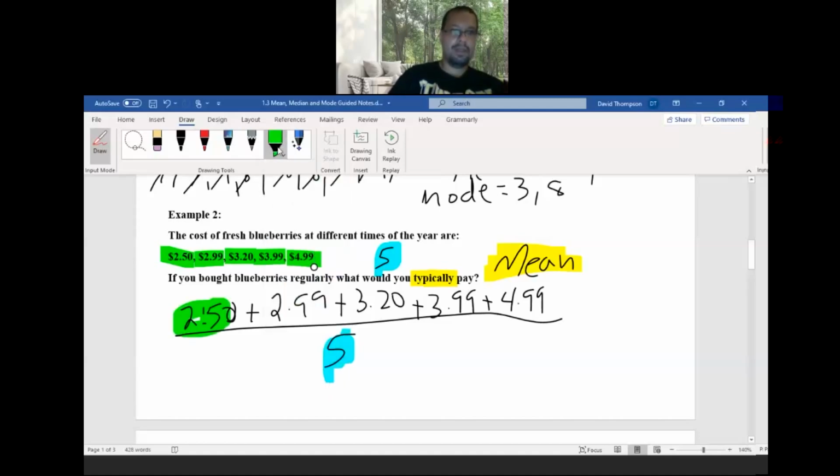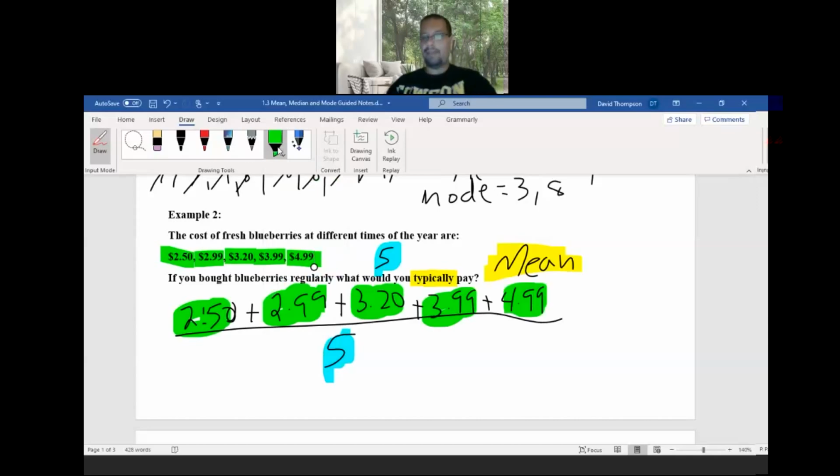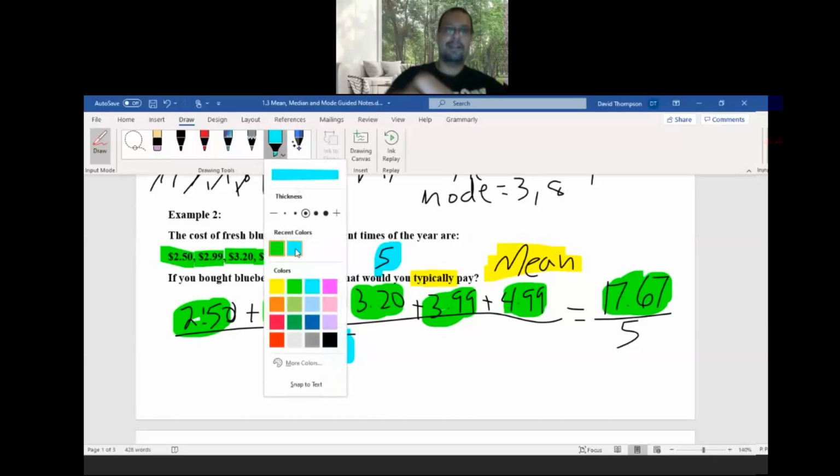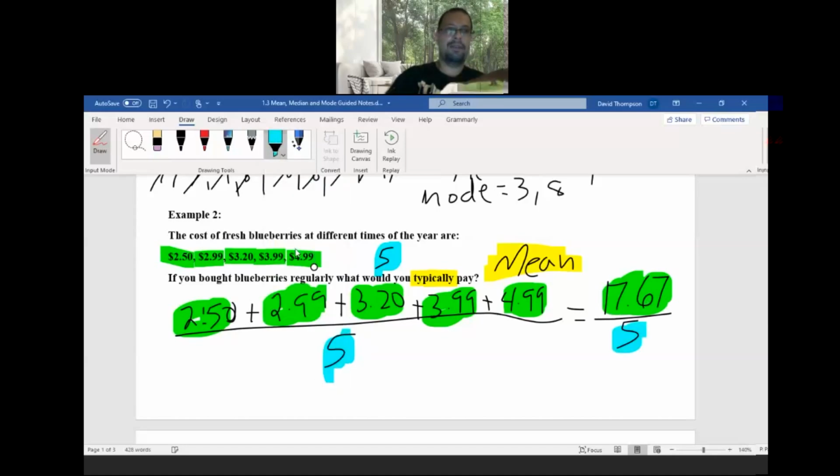First let's add the top: 2.50 plus 2.99 plus 3.20 plus 3.99 plus 4.99. That simplifies to 17.67 over 5. So the top is just simplified to $17.67, and the bottom is still 5. The last step, you just divide. 17.67 divided by 5. So your typical price is $3.53, and we are done.